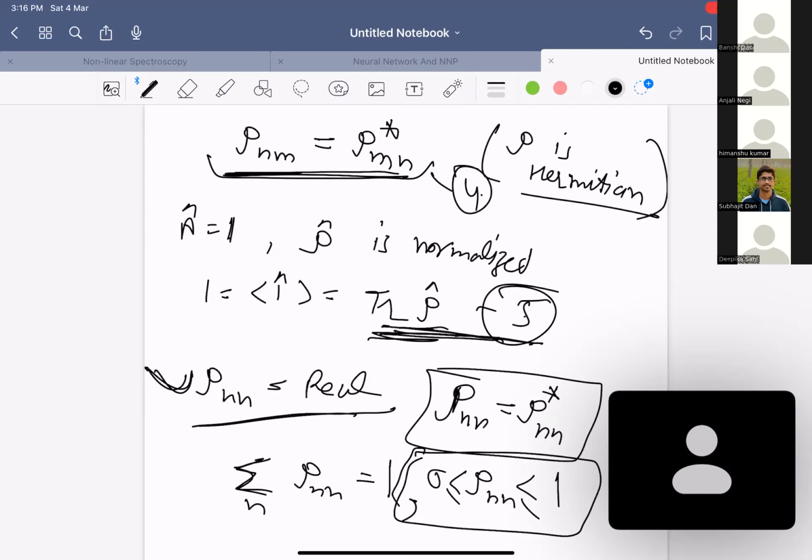And these diagonal elements tell about the probability of a particle being in state phi n.